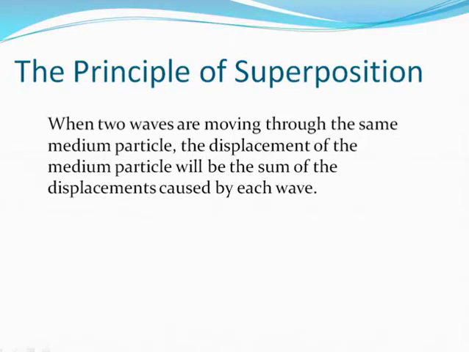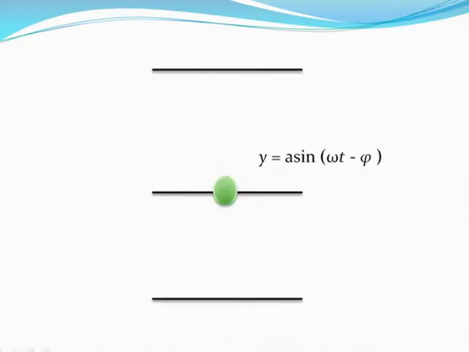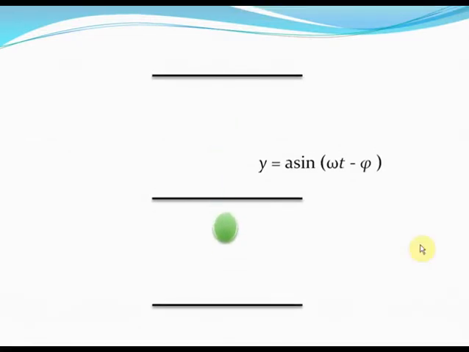So have a look here. Let's say there's this wave which is causing a displacement y equal to a sine(omega t minus phi) in a medium particle. Like this. Now what will happen if there's another wave exactly similar to the first wave? Like this. y equal to a sine(omega t minus phi).